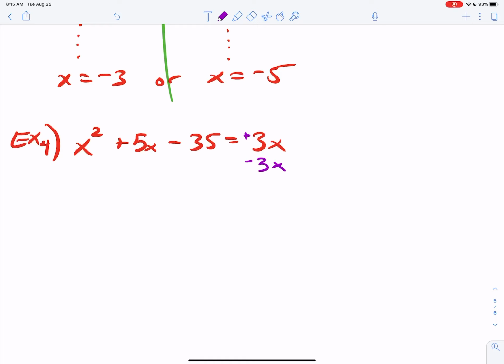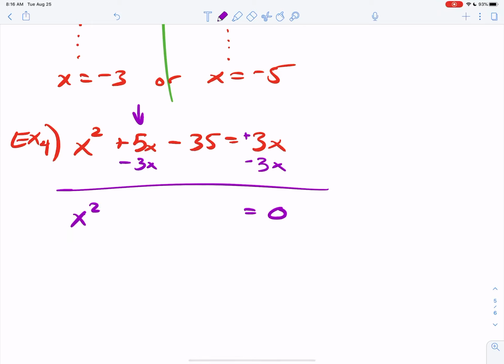Linear terms will only go with linear terms, so I'm going to put it right here because they're both linear. I wouldn't put it right here or right here because they can't combine, right? So just keep that in mind. And that's it, okay? That's the only curveball.